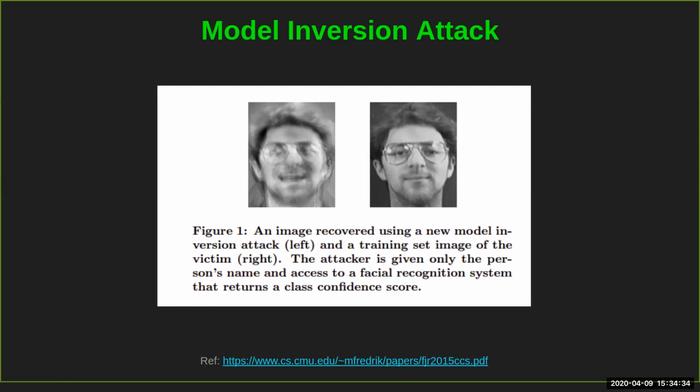The training data could have some sensitive information inside it. In this particular research paper, the researchers have generated this sample, and you can compare the generated sample with the actual sample and see how similar the results are. So you can actually use the model that is locally stored on your device to get the sensitive data from the input sample.